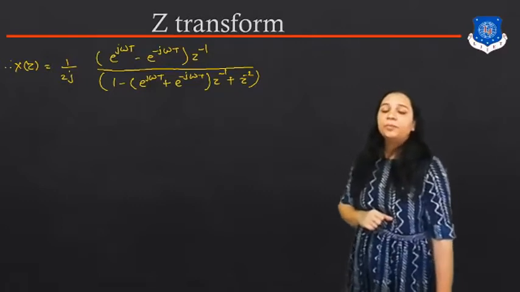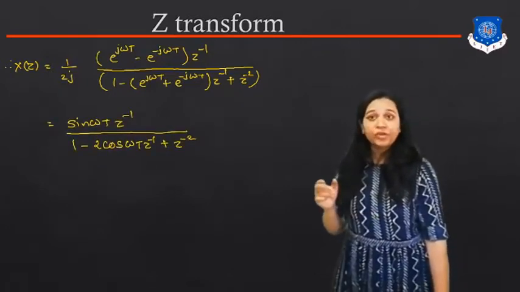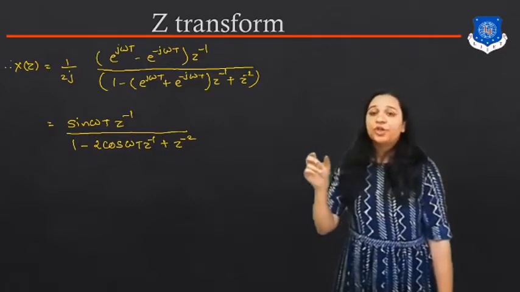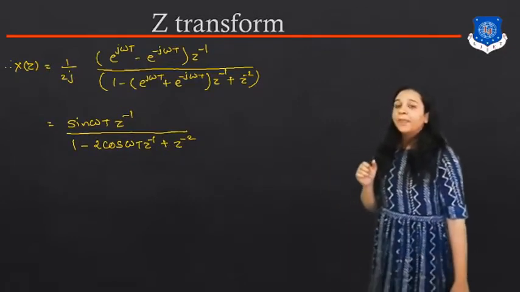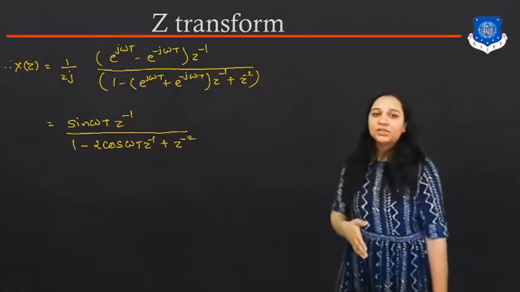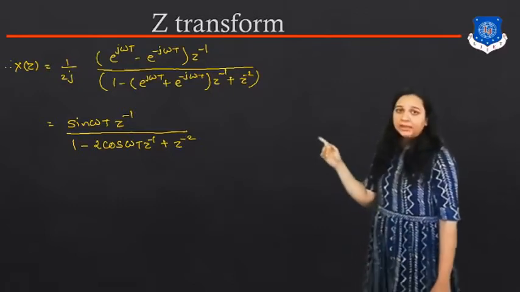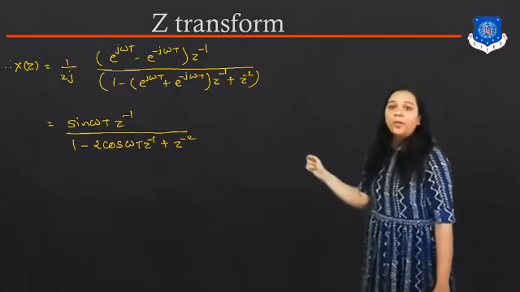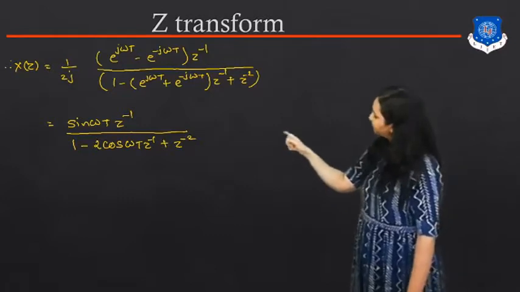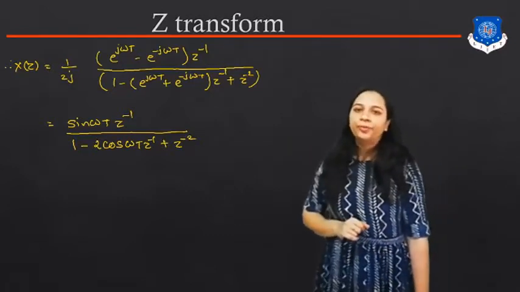This is the simplified version of the above term. So e raised to j omega t minus e raised to minus j omega t over 2j is sin omega t, and for the plus term it is 2 cos omega t. So we can get sin omega t z raised to minus 1 upon 1 minus 2 cos omega t z raised to minus 1 plus z raised to minus 2.